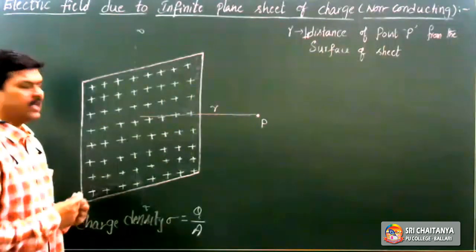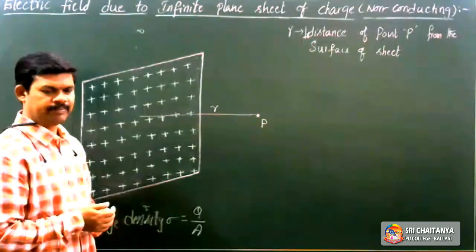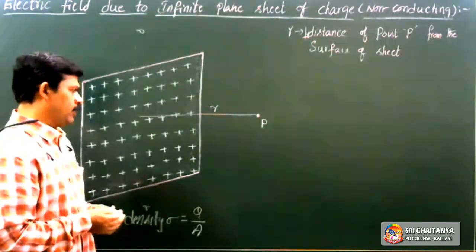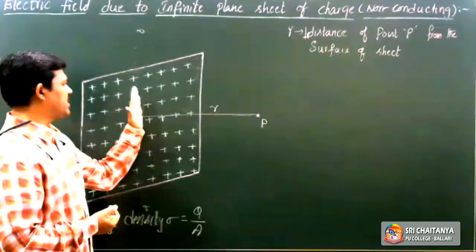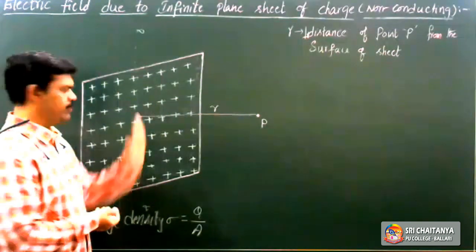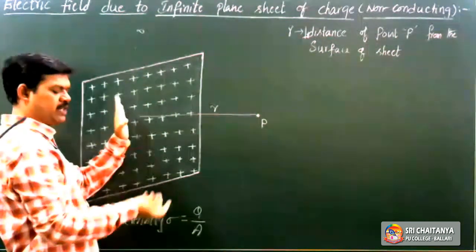We have to calculate that using Gauss law. That is our question. First, on the sheet there is positive charge. Here is also positive charge, here is also positive charge.